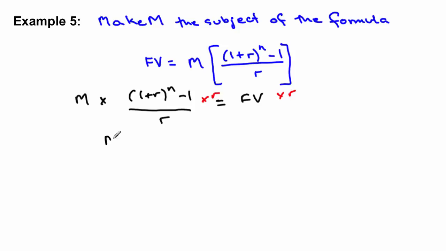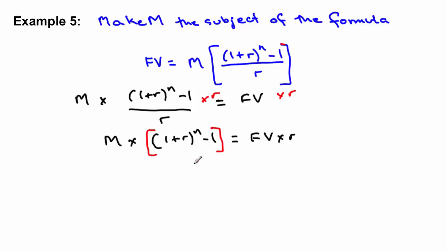So we have m times (1 plus r) to the power of n minus 1 equals the future value times r. Now in this next step, we've got to remember that this whole part here was actually the top of the fraction, the numerator. So in fact, it's still considered as one term.